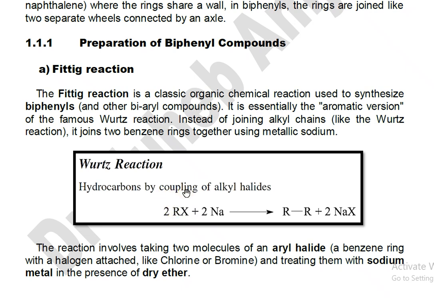We say a coupling reaction with sodium metal, making hydrocarbons by coupling of alkyl halides. So we start with alkyl halide and metal, and the two alkyl halides will be joined to each other to give us R-R. That means a hydrocarbon compound.